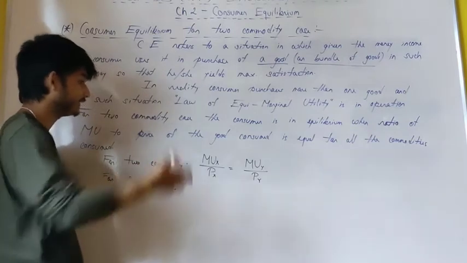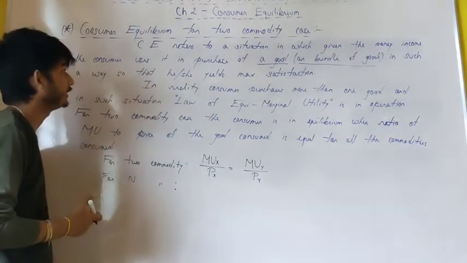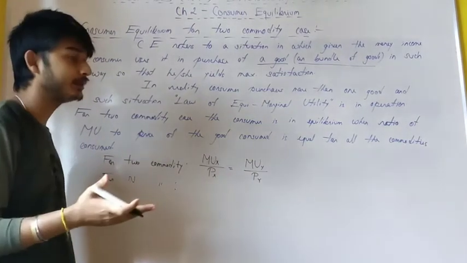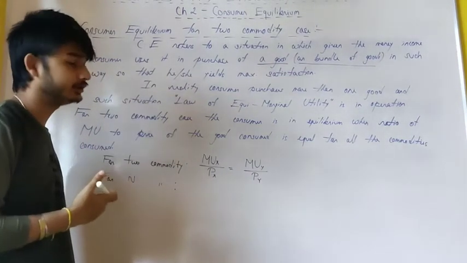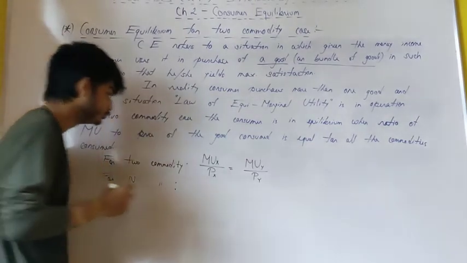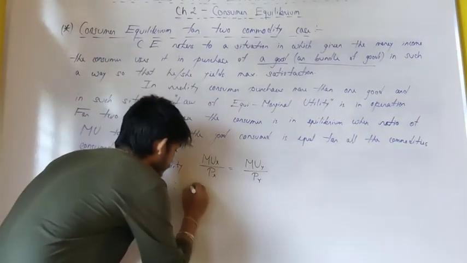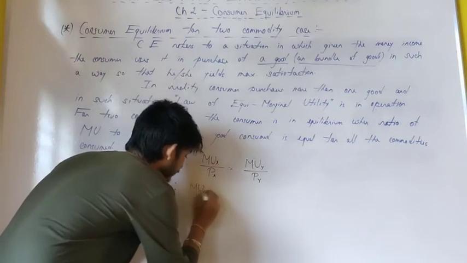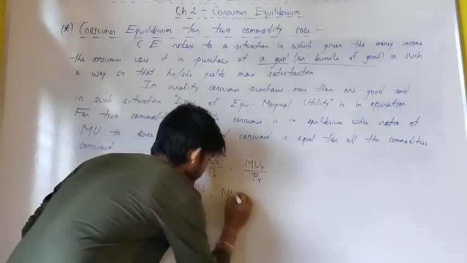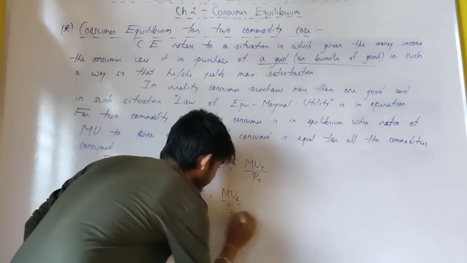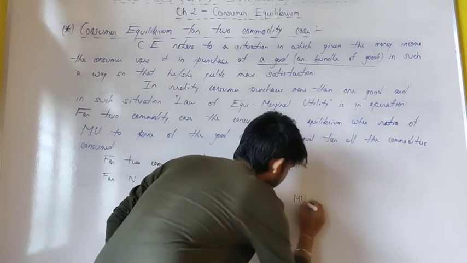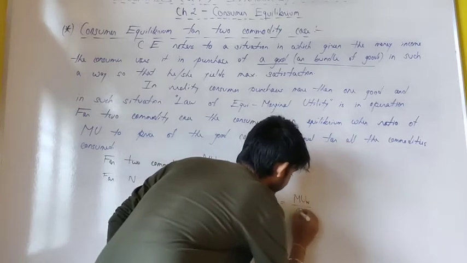If it is 1, then the law of diminishing marginal utility will be in operation, and we will concentrate on the consumer equilibrium for a single commodity case. So at least for 2, MU1 by P1 should be equal to MU2 by P2 should be equal to MUn by Pn.